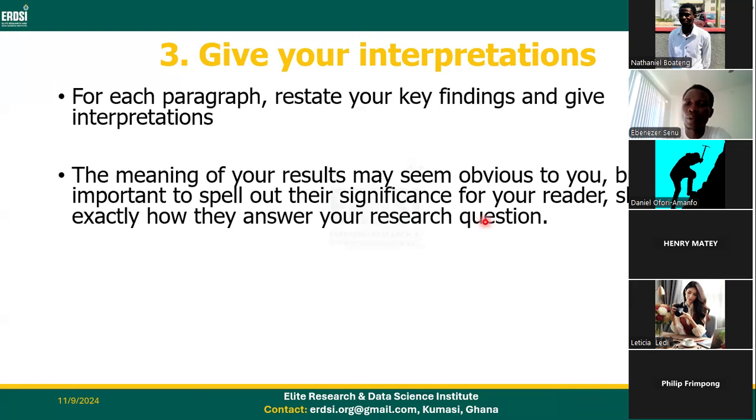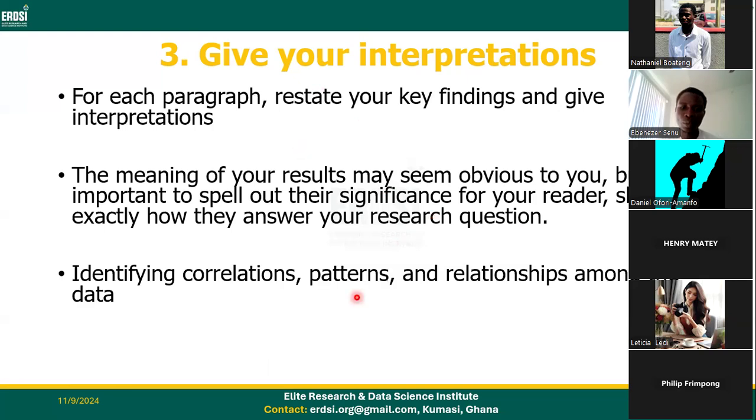They don't know what you have. They don't know the scientific principles and theories you've read. That is why you have to show them the relevance of it. Maybe someone has read that high body temperature is associated with COVID, and you find that your results support it; that's where you back it up. That is your interpretation of the results.